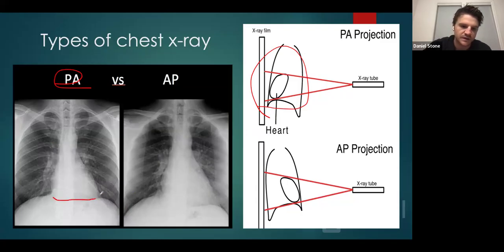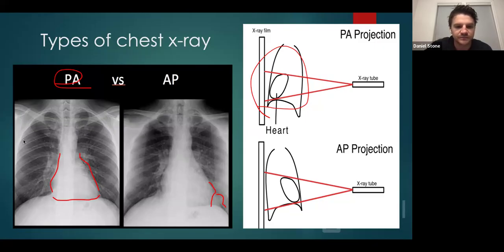Here we can see that the cardiac silhouette is made out pretty definitively. You can see the mediastinum very well. You can see the highlight of the lungs. When you see an AP, the cardiac silhouette does start to blunt a little bit. You can see over here, there starts to be loss of a little bit of architecture. This is the same patient, and you can make out the heart a little bit less well.